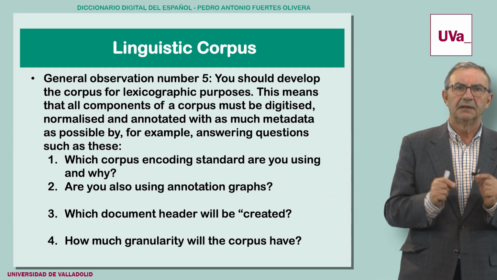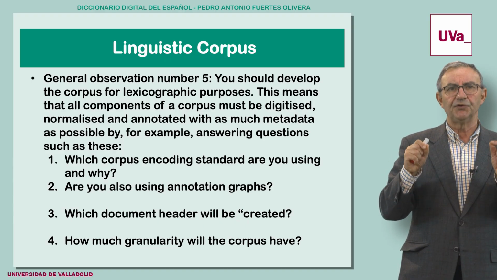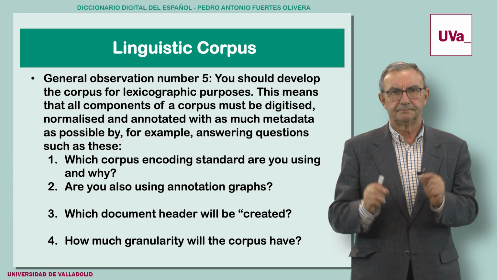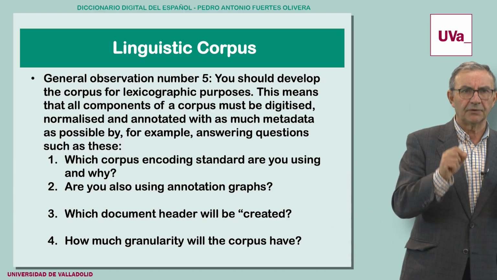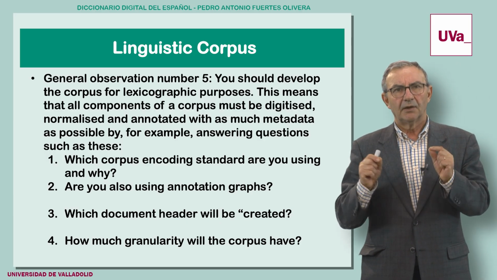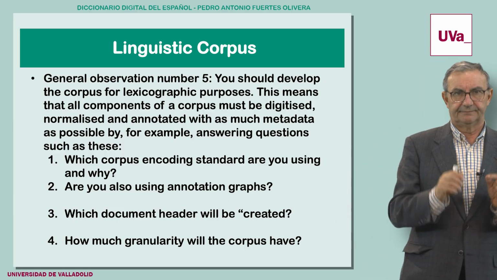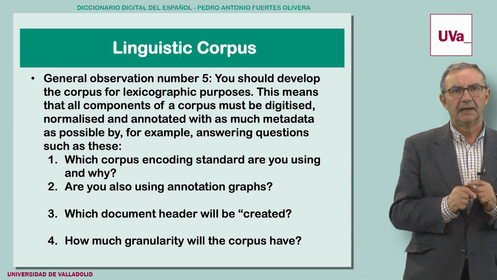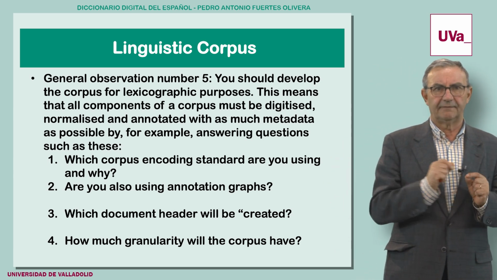A. Which corpus encoding standard are you using and why? B. Are you also using annotation graphs? C. Which document header will be created? D. How much granularity will the corpus have?